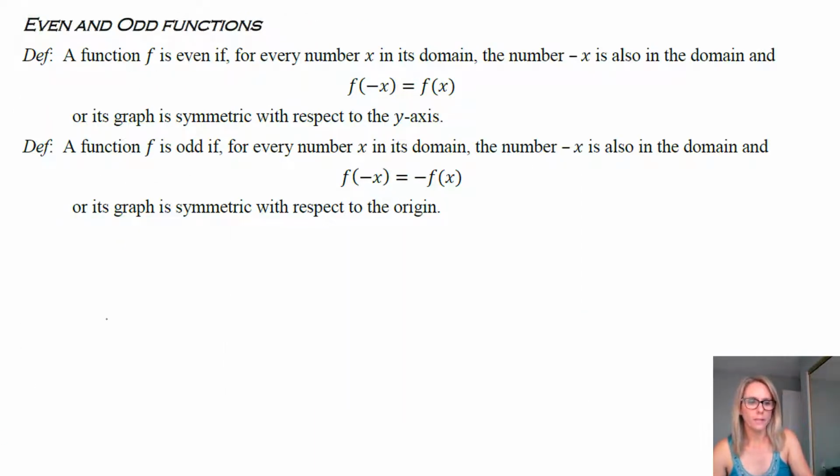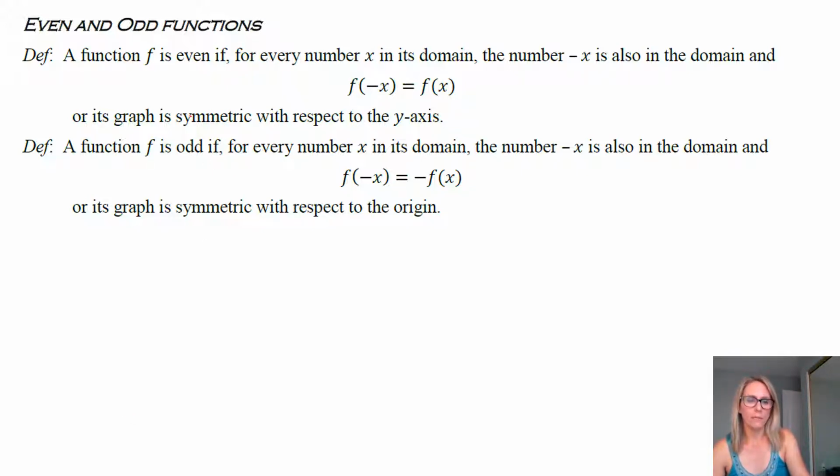Okay, and the last thing from this section is determining whether functions are even or odd. This can be helpful because, again, you might be seeing things that are symmetric to the origin or the y-axis, and that can help you get an idea of what your function should look like.